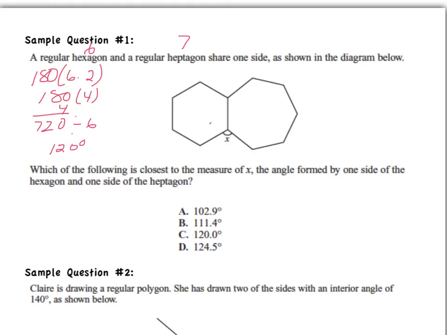So this right here is 120, and then I'm going to find the one next to it by doing the same thing but using my 7, so that's 180 times 7 minus 2, so 180 times 5, or 900, and then I divide that by 7. So 7 goes into 900.